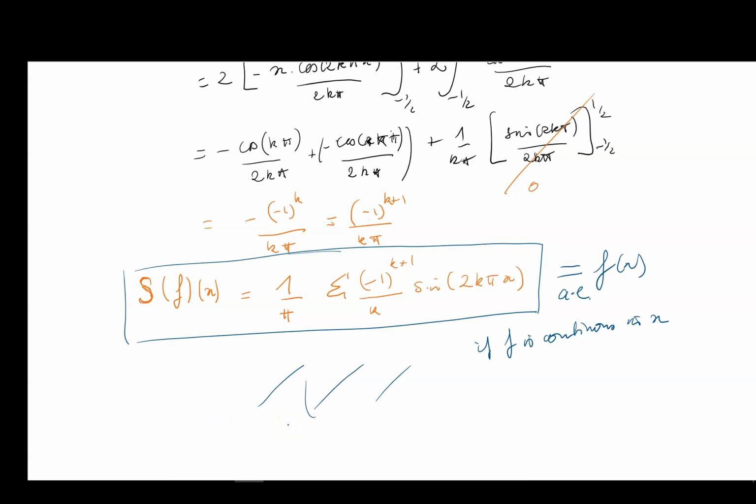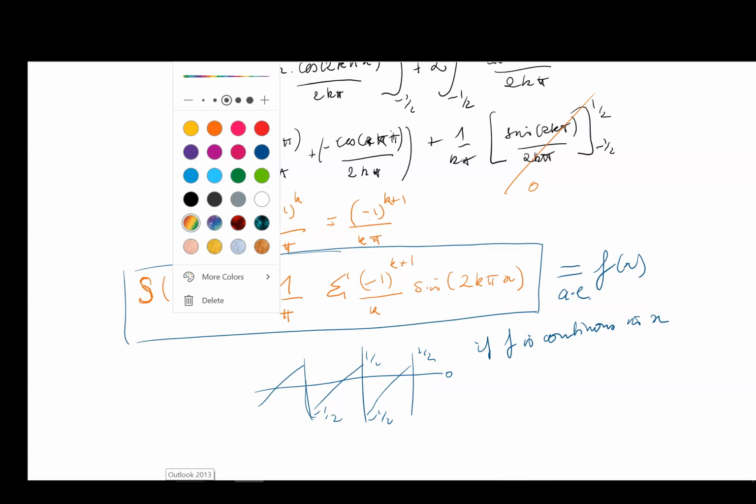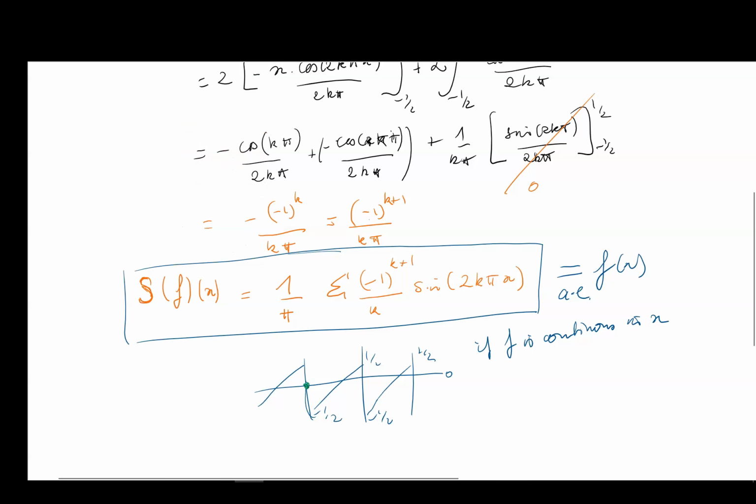Okay, so that's one period. It goes from 0 to 1 over 2, then minus 1 over 2 to 0. And so at the discontinuity points, the series is actually going to converge to the mean value, which happens to be 0, right?